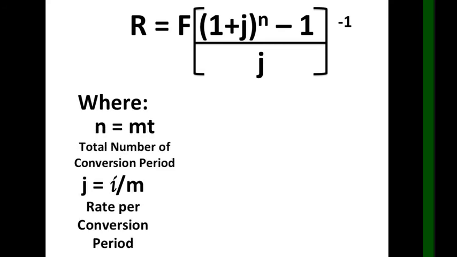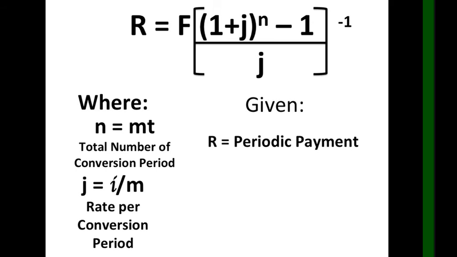N equals MT, which is the total number of conversion periods. J equals I over M, which is the rate per conversion period. Wherein, we need to find the given. I'm sorry, for this one, we will have F only, not the R. So this will become F equals the future value.